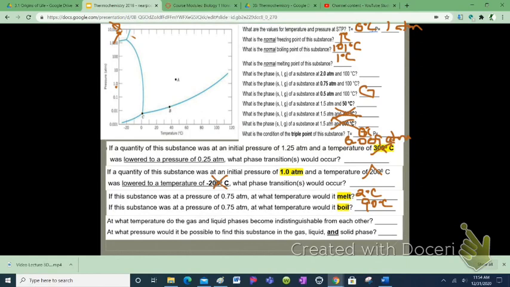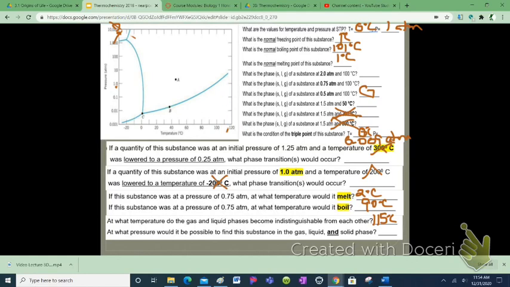Can you remember what that's called? Take a minute. Hope you got the critical point. So the critical point would be right here. And that is going to be between 110 and 120. So I'd say about 115 degrees Celsius.